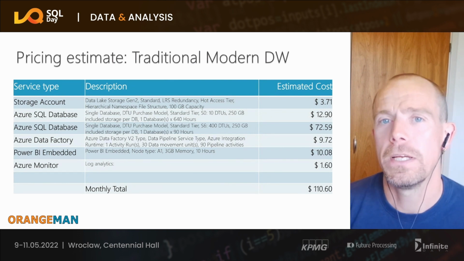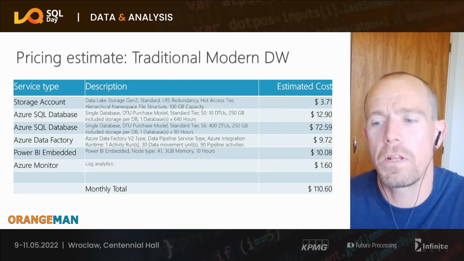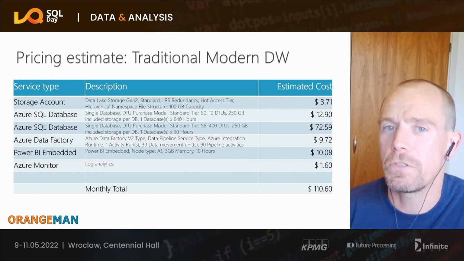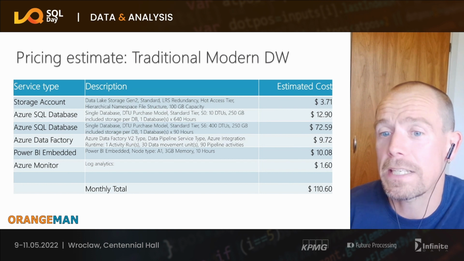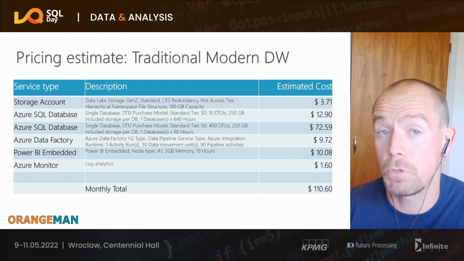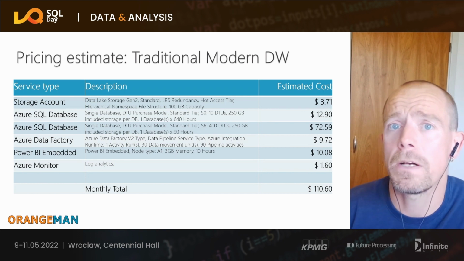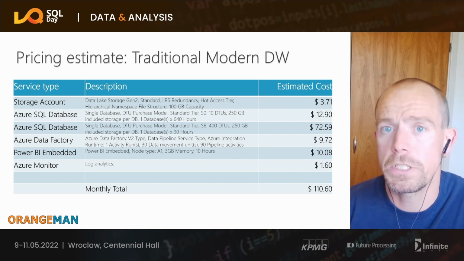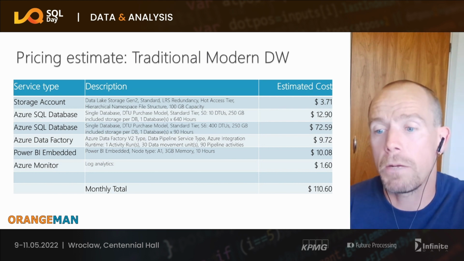And of course, you can say that all solutions will just be this price. It is very dependent on how much data you need to transform. That is actually where the most cost is. As you can see, the SQL database is put here twice, and that is because in my example, I say, okay, for 3 hours a day or night, I do batch processing. So there I turn it up to a certain level.